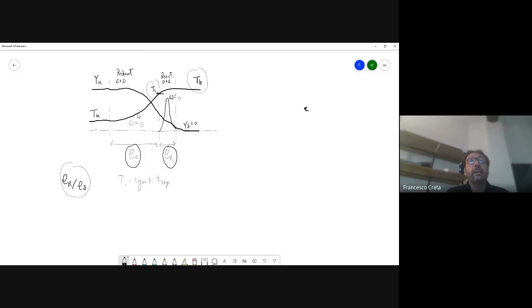So we expect Ti to be very close to Tb, smaller than Tb, but close to Tb.